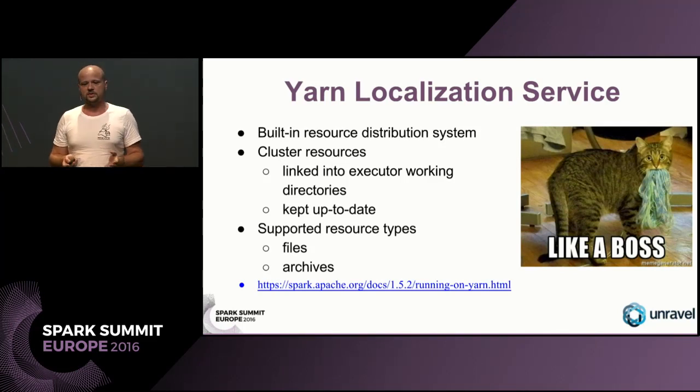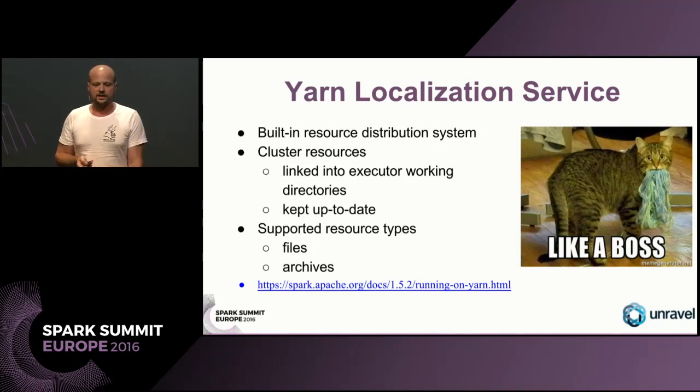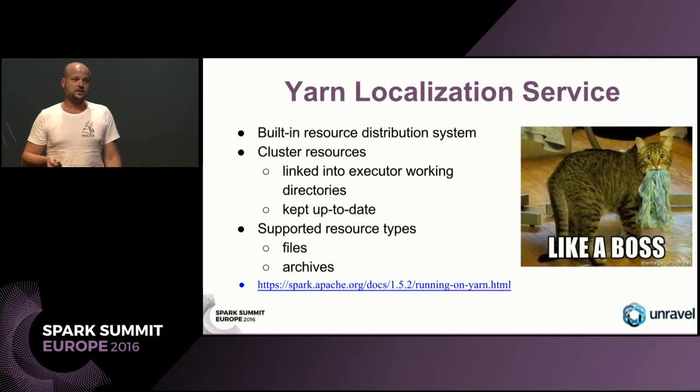So this is an extremely lazy solution. You don't need anything else. You just specify what you want to distribute across the cluster. The localization service will take care of it. The details are described in the Spark documentation. It's really exhaustive documentation. You can find everything you need about this.